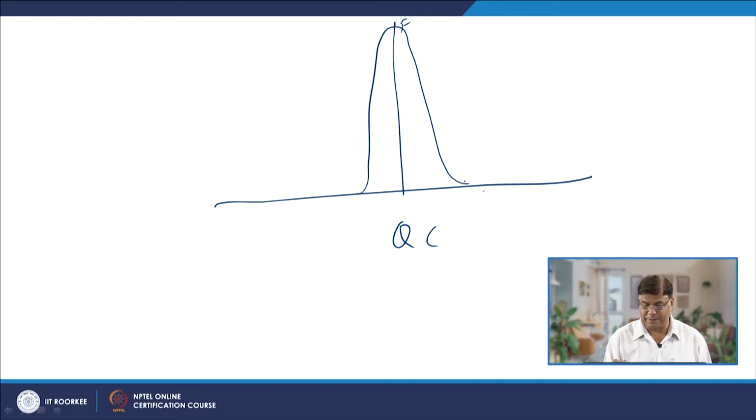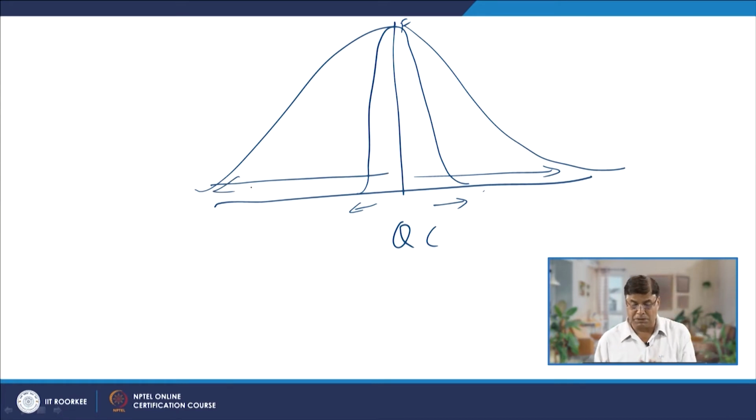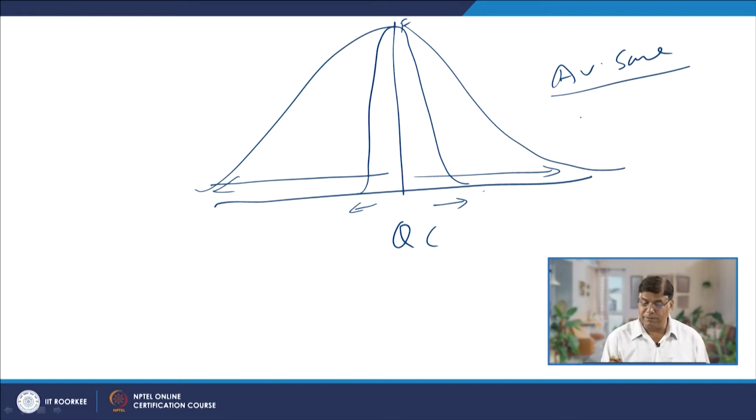So, the variation away from the center or the mean is very less. Or we may have a situation where the average is the same, but the deviation from the center line or the average is too much. So, these are two different situations where the average or mean value is the same, but there is a lot of variability in the characteristic which is being produced.